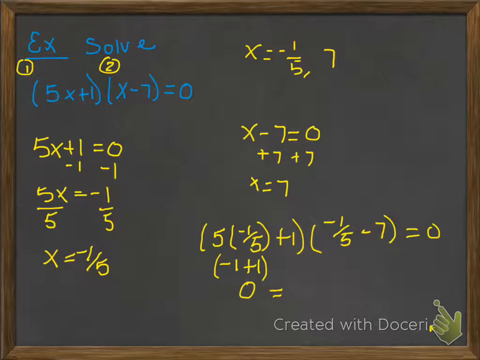And 0 times anything, no matter what this other part equaled here, is just going to equal 0, so it doesn't even matter what that is equal to. So it's the same on the other side too. 7 minus 7 is still just going to be 0.